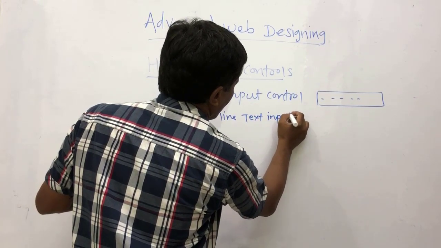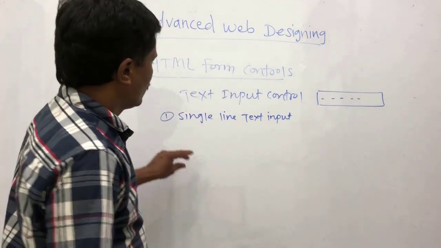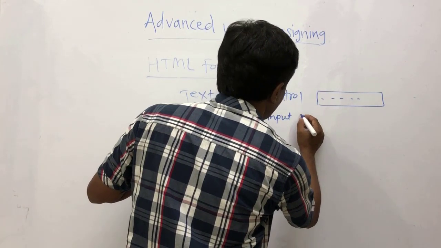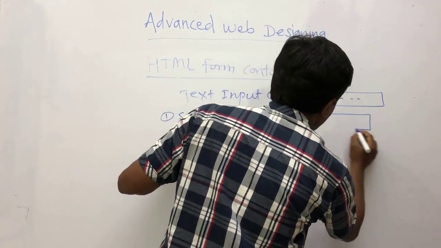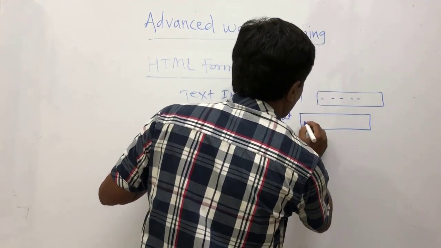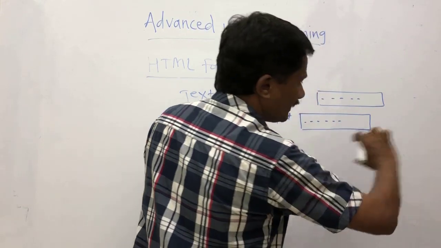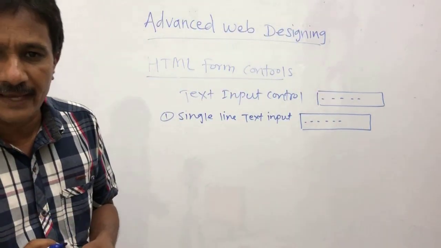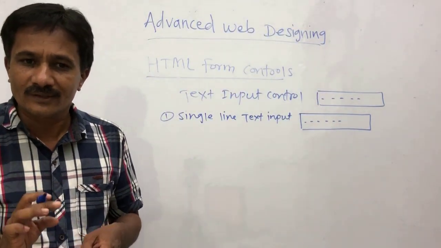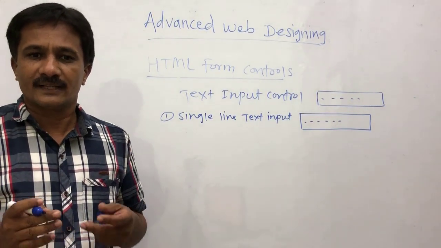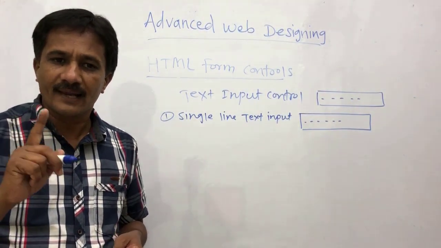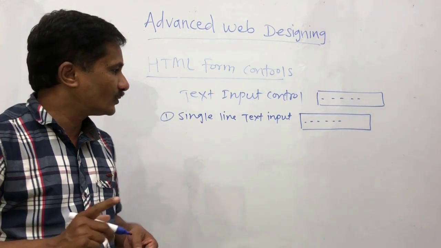In single line text input, the user can enter some data in a single line. This control is used for items that require only one line of user input.